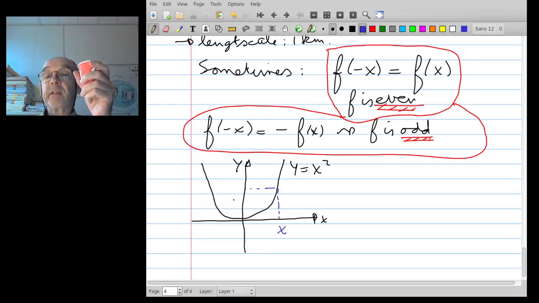If you have here x, you will have the same value for the minus x, and so you can mirror the function in the y-axis. You have both sides. So this f is even.